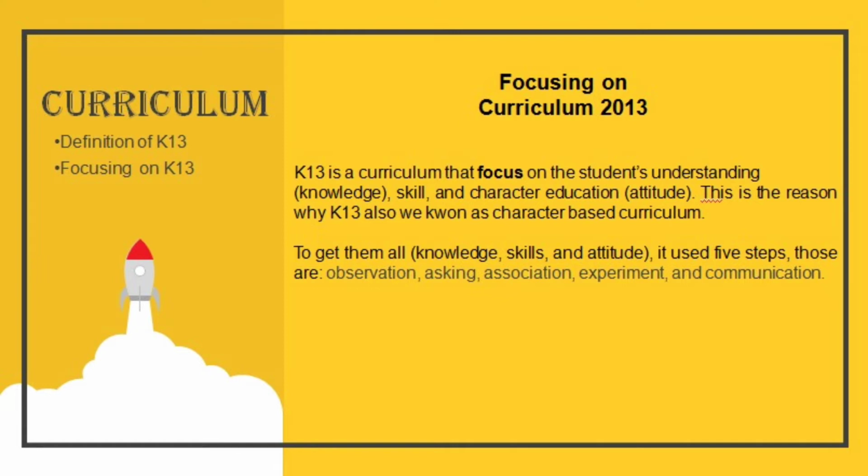And then skills. It includes a lot of practice or school projects and tasks. And the last, scientific knowledge, which includes understanding the material and being active in the process of discussion and presentation.